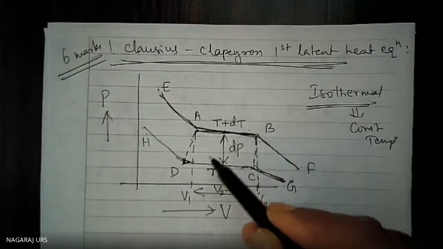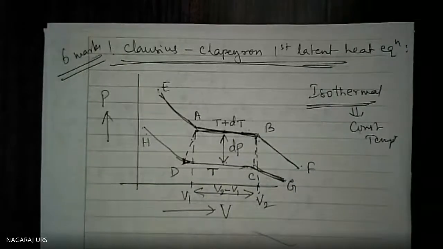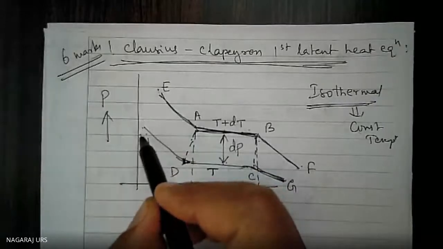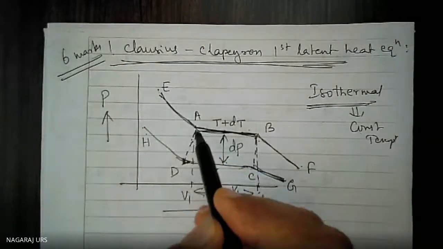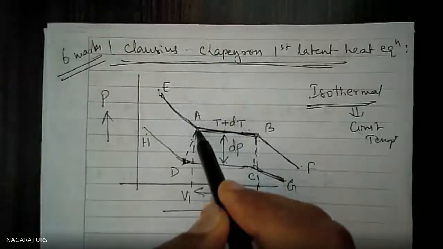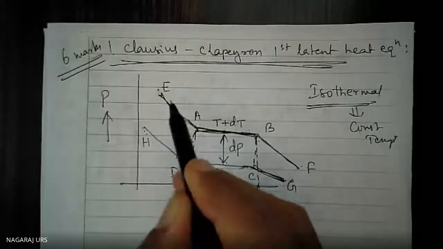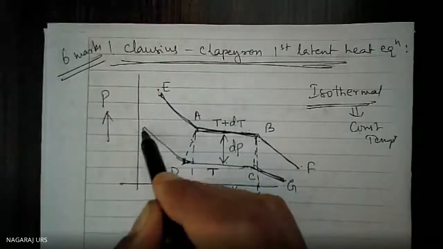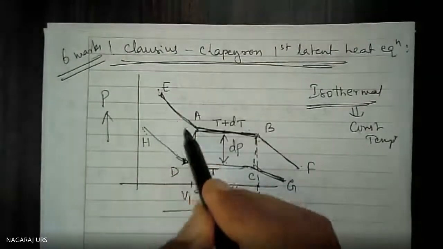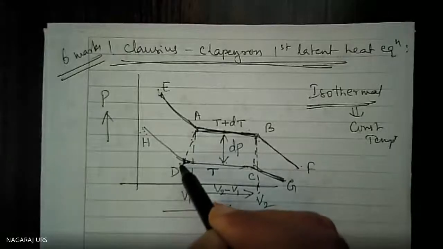Here it is a higher pressure, and this has lesser pressure. Considering E to A and H to D, these two show the complete liquid state of the substance.